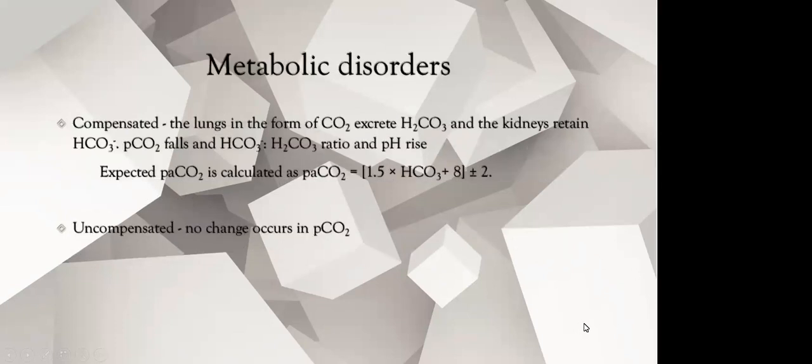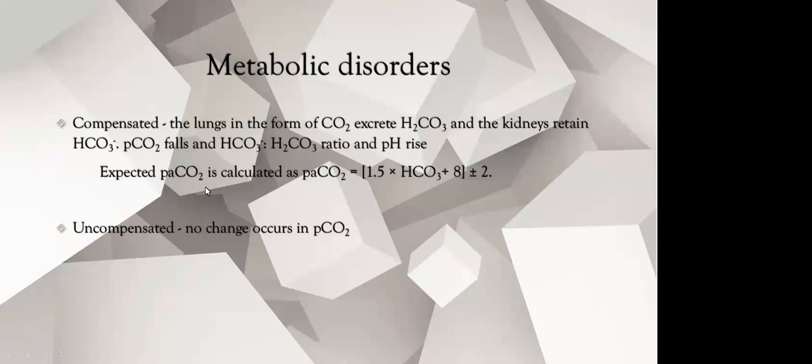This can also be calculated by an equation. The lungs compensate by excreting carbon dioxide as carbonic acid, and the kidneys retain bicarbonate. Partial pressure of carbon dioxide falls, and there will be a rise in pH.